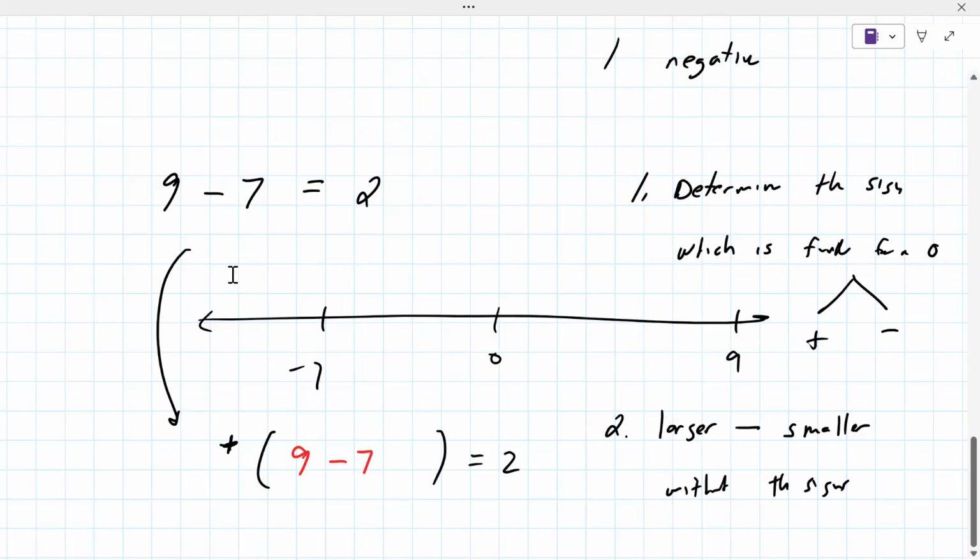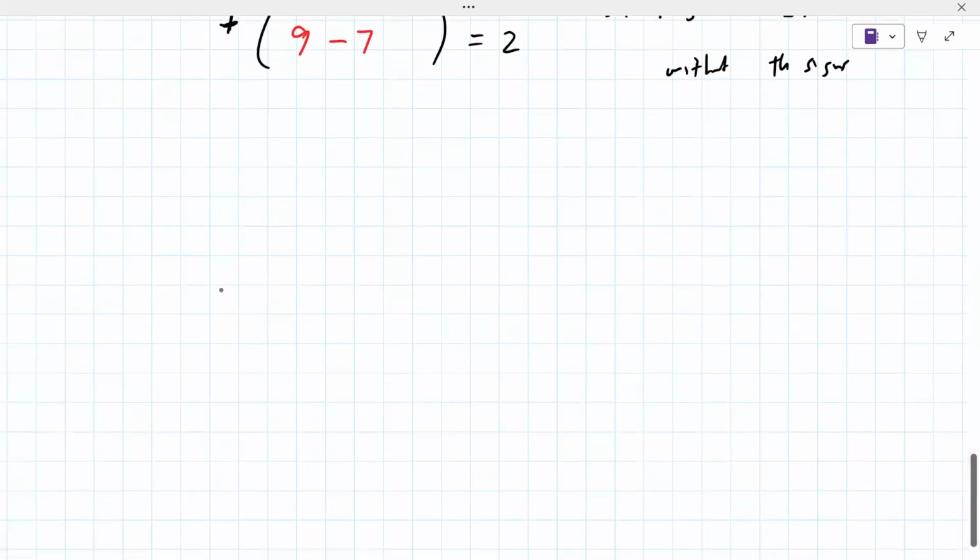So let's look at an example where this makes more sense. Let's say it's 2 minus 8. This could be written this way: 2 plus -8. That would be -6. Let's go through the progression.